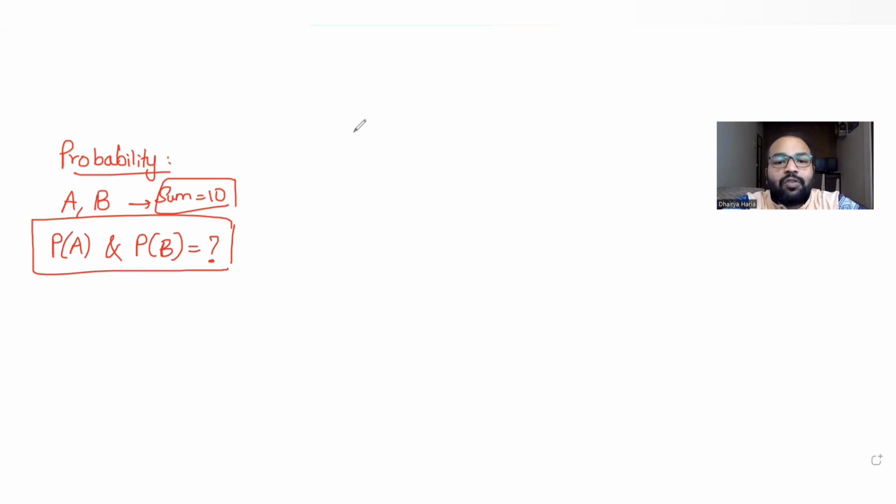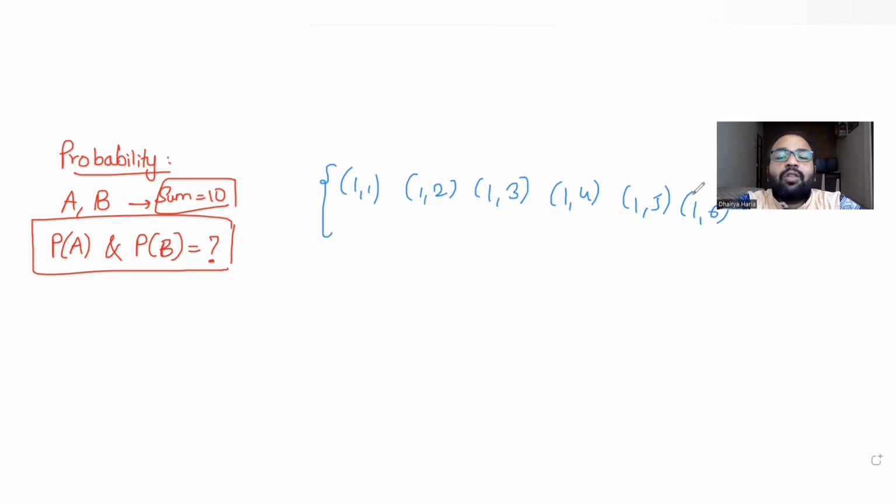So if I see the solution here, if I throw a pair of dice, the total outcomes are 1 1, 1 2, 1 3, 1 4, 1 5, 1 6. So 1 on the first die and 1 2 3 4 5 6 on the second die. Same way, 2 on the first die, 1 to 6 on the second die. Same, I can have 3 on the first die, 1 to 6 on the second die.